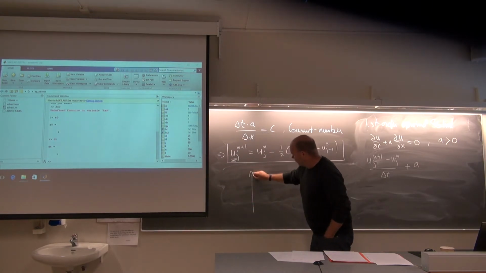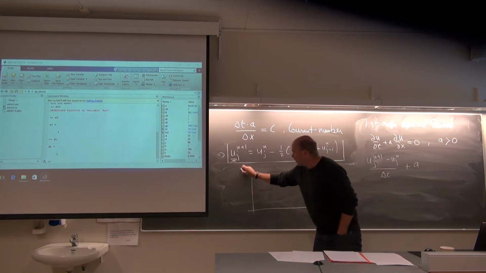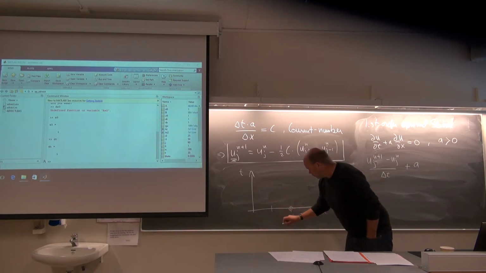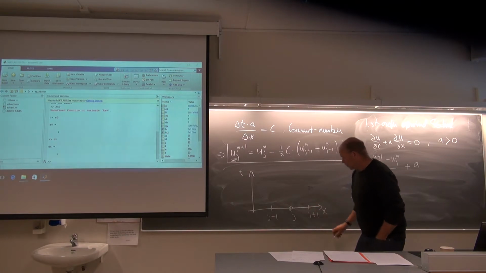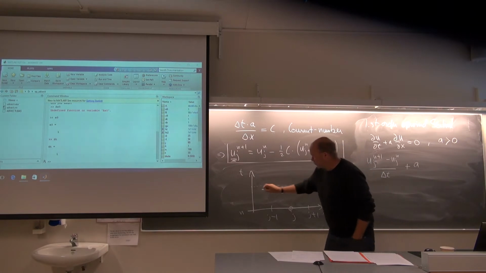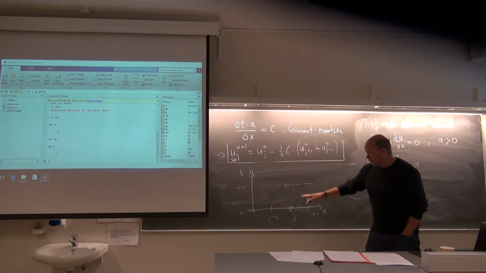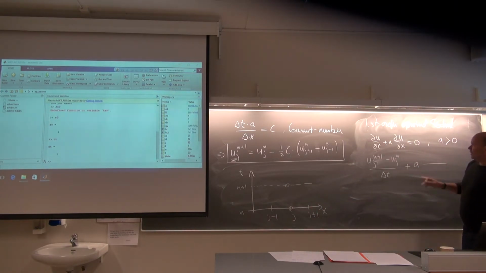So when we had this figure here, x and t, here was point j, here was point j minus 1, and here was point j plus 1. Time level n, and up here time level n plus 1. So I want to have the new velocity here. But when I now create this spatial derivative, I do it with the sort of an upwind philosophy.